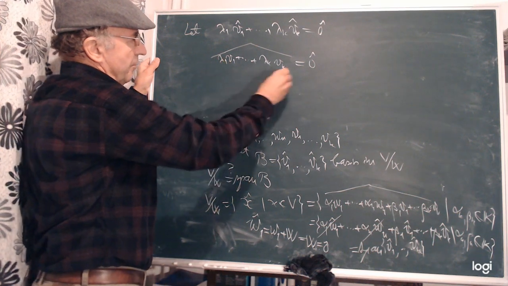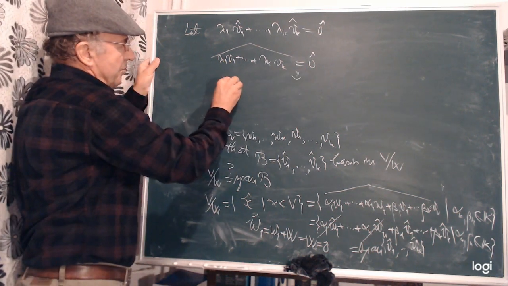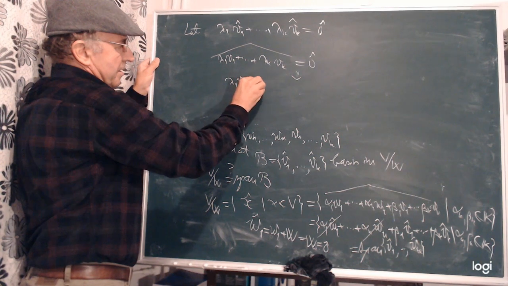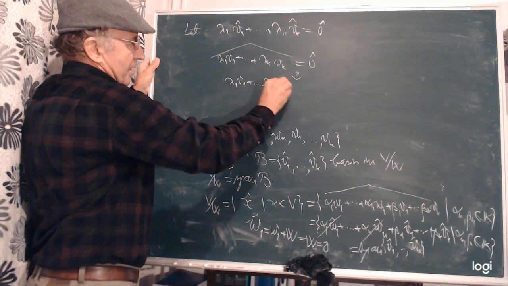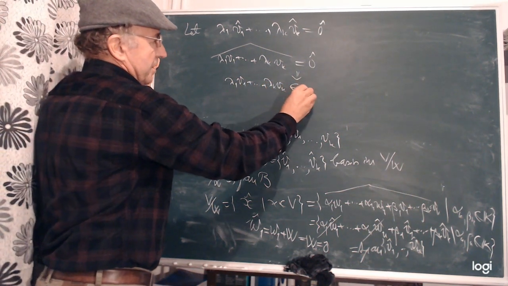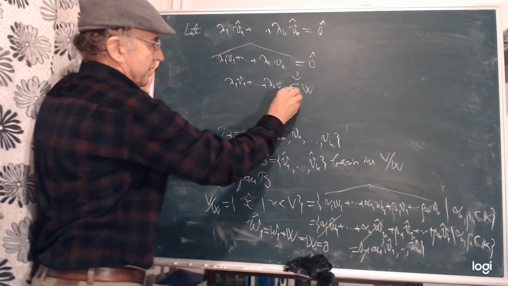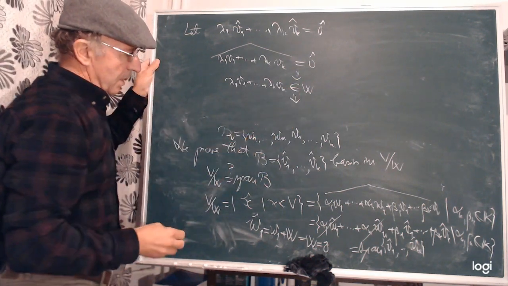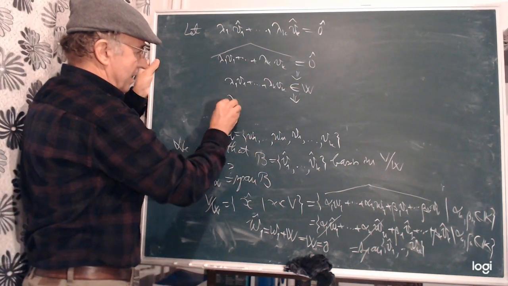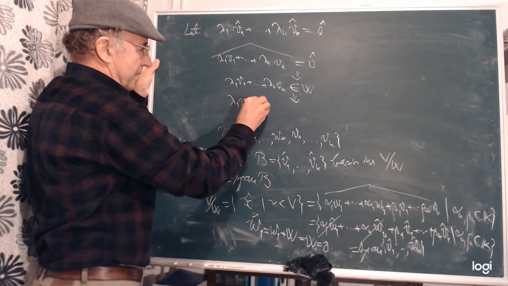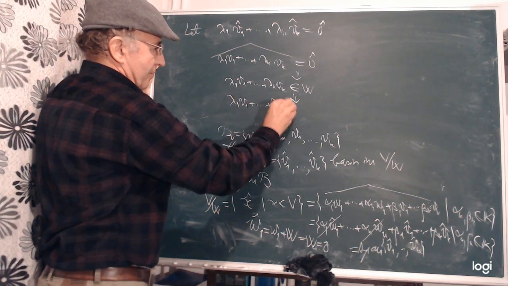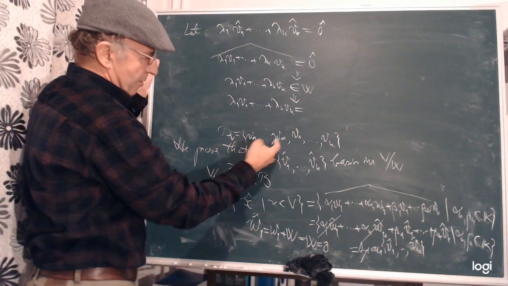So from this we get that lambda 1 V1 plus lambda k Vk belongs to W.